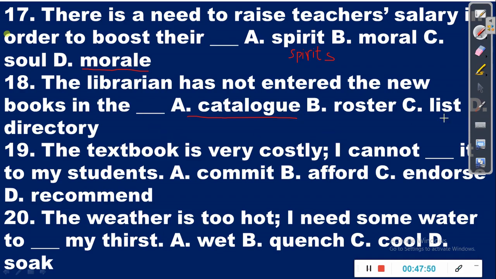So list doesn't fit in, because there is already a name that is unique to the library, which is a catalog. So D is directory. A directory is actually a book, or it can even be a website containing a list of names or organizations, arranged in alphabetical order or according to themes or subject matter, if you like.